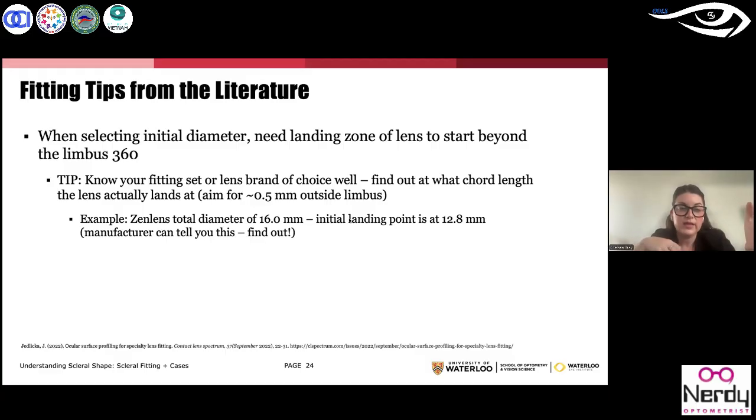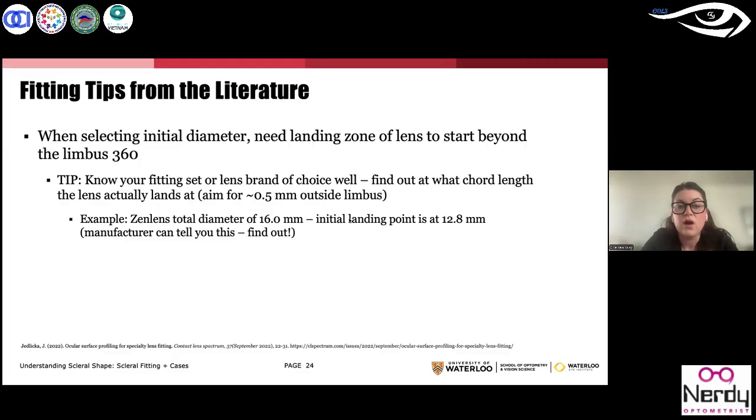An example of this, I've worked with Zen lens, say for a particular diameter of Zen lens, 16 millimeters. The initial landing point is at 12.8 millimeters. So if I have scleral profilometry, I can look at this and calculate exactly what is happening at that chord length diameter, or I can just use this to select my initial diameter from my trial set.